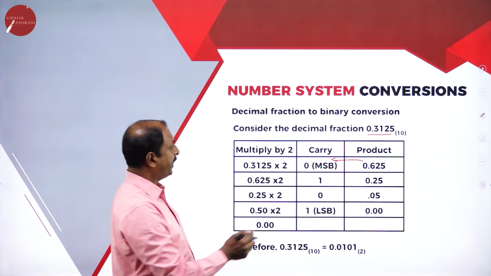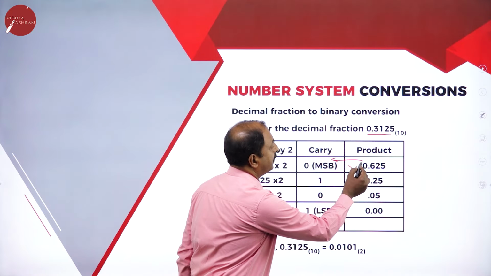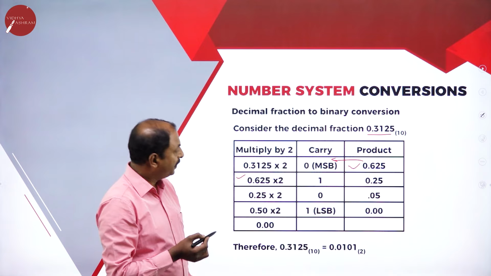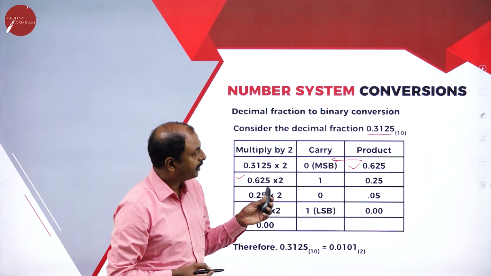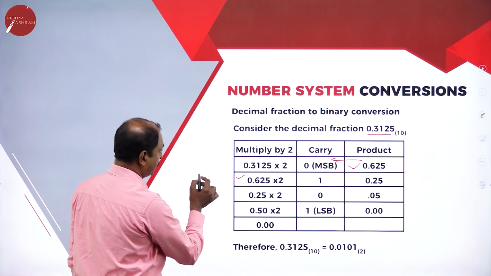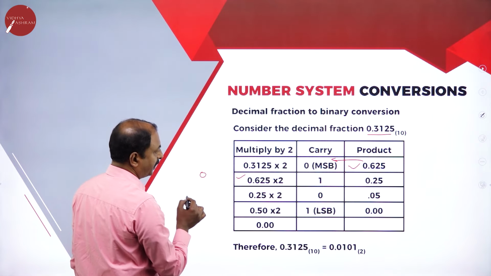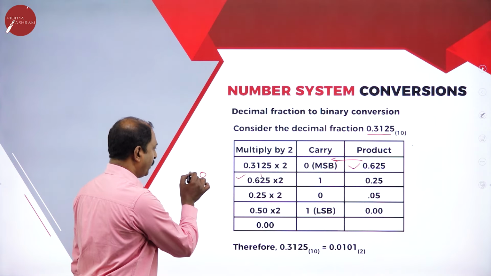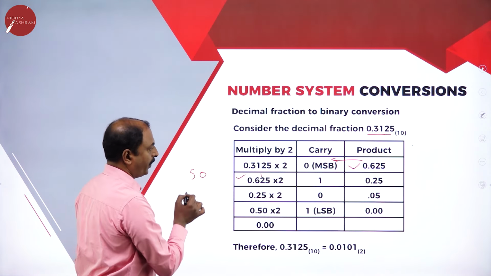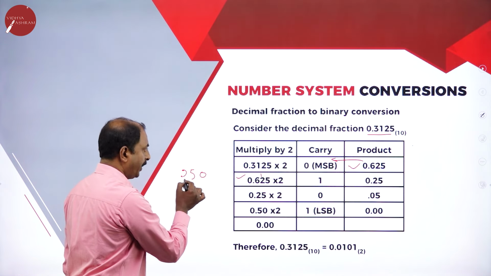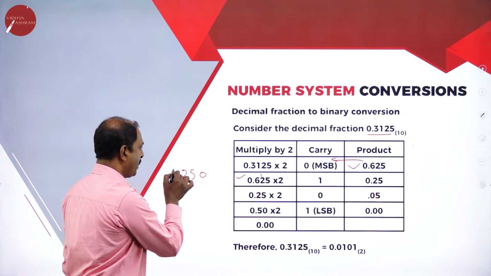Next, we have to multiply this 0.625 by 2. Just to multiply this: 2 5s are 10, carry 1; 2 2s are 4, plus 1, 5; and 2 6s are 12, carry 1.